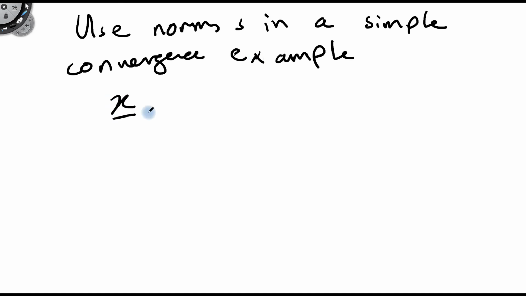So we have a sequence of vectors, which is exactly what we're doing with our Jacobi method. We're starting with an initial vector and going stage by stage until we converge to the solution. So let's just consider a simple example, which has components that are 1 over n, 1 plus 1 over n squared.